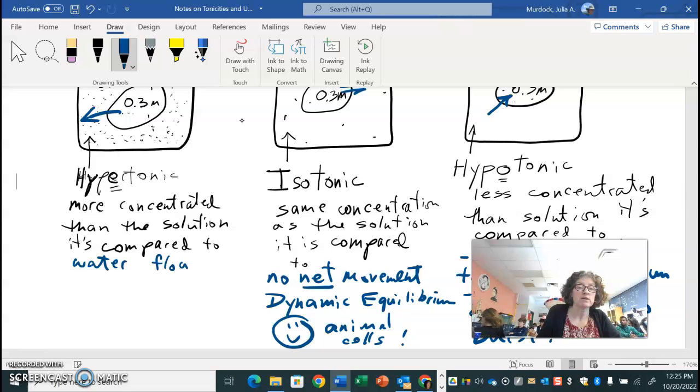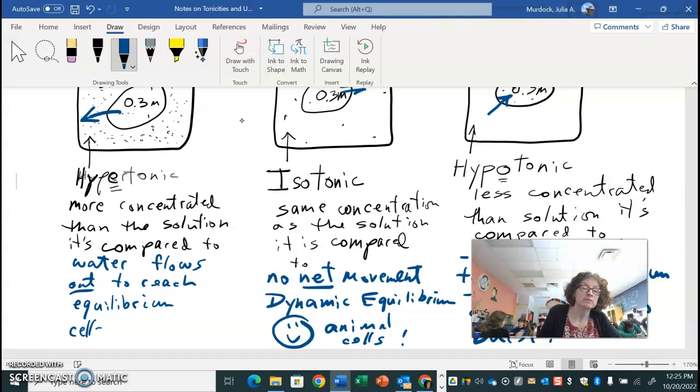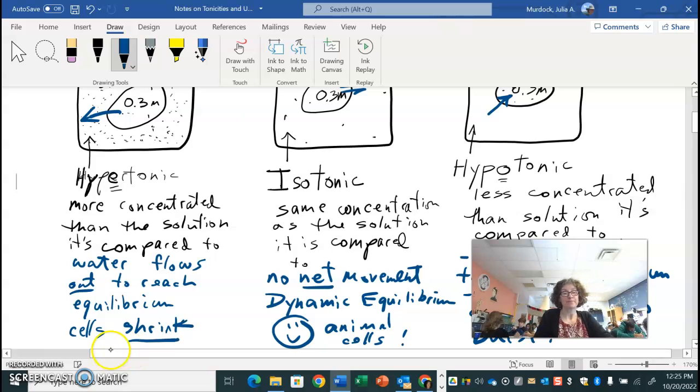Water flows out to reach equilibrium, right? And the fate of the cell, cells shrink. They dehydrate. Animal cells don't like that.